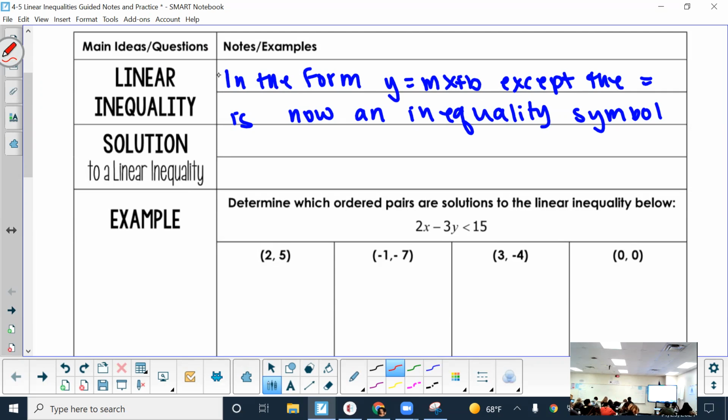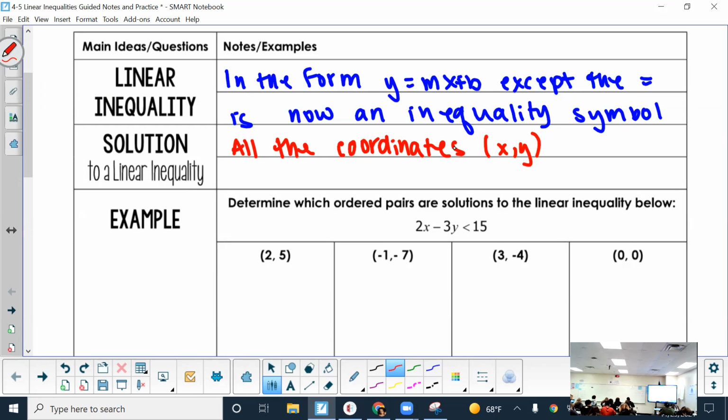All right, the solution to a linear inequality is going to be all the coordinates. What are coordinates? What do they look like? X, Y, good. So in parentheses with a comma.